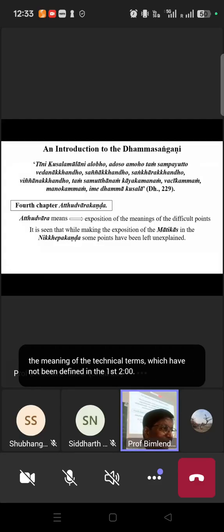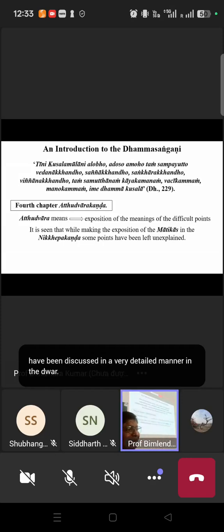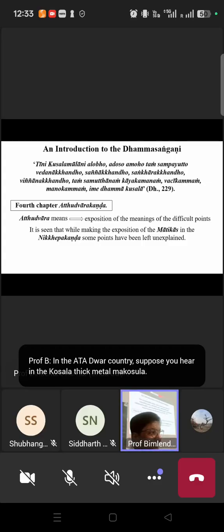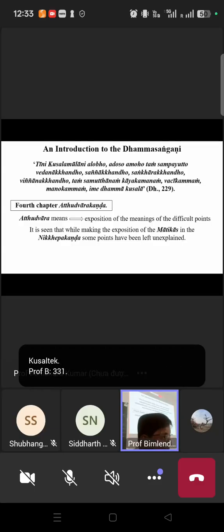the earlier chapters like the Cittuppada Kanda, Rupa Kanda and Nikkhepa Kanda. They have been discussed in a very detailed manner in the Atthadvara Kanda. Suppose here in the Kusala Tika: katame dhamma kusala? In the Cittuppada Kanda there is a detailed enumeration of the kusala tika, 37 out of 121 and 21 out of 89.